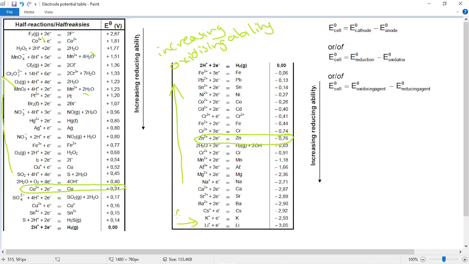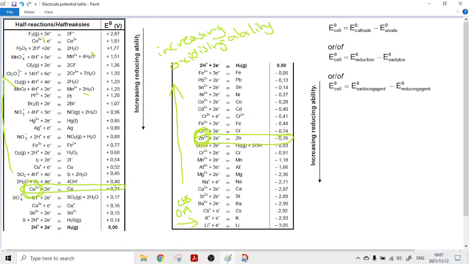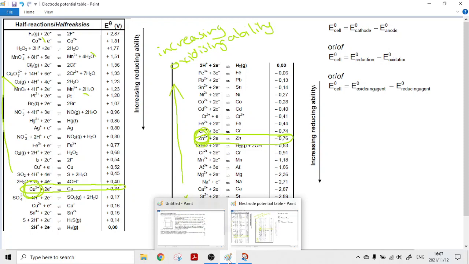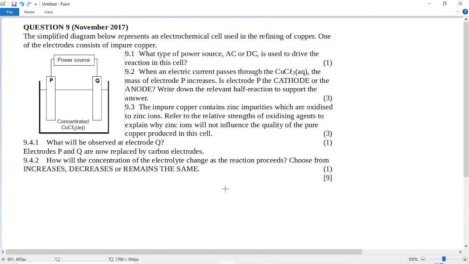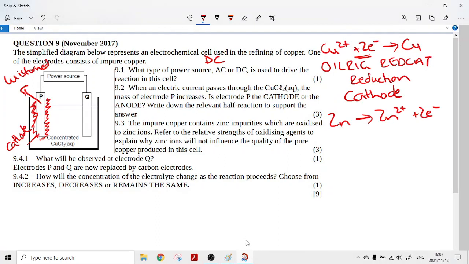So the one at the top is a stronger oxidizing agent than the one at the bottom, which is the zinc. Okay, so to answer the question, you may only talk about the things that are on the left-hand side of the table.